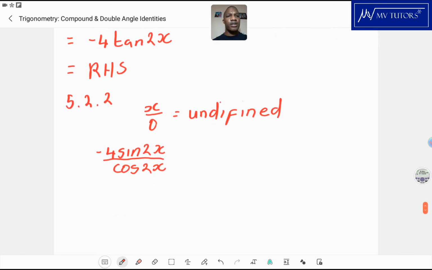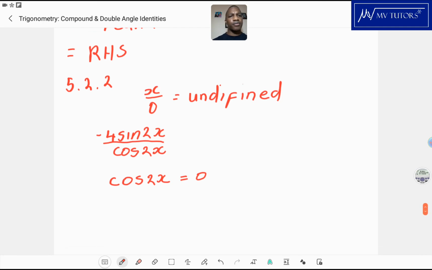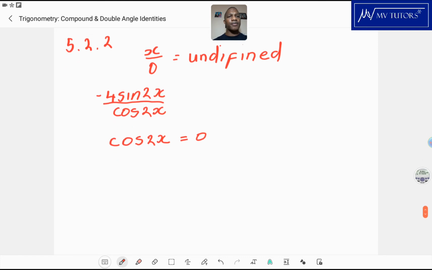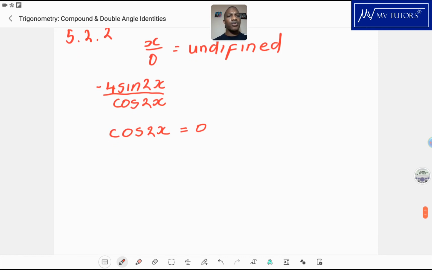Now, x can be anything. In order for us to get a 0 underneath, we need cos 2x to be equal to 0. Once we are done with that, we need to solve for x.